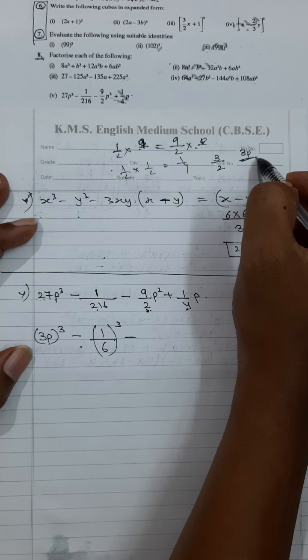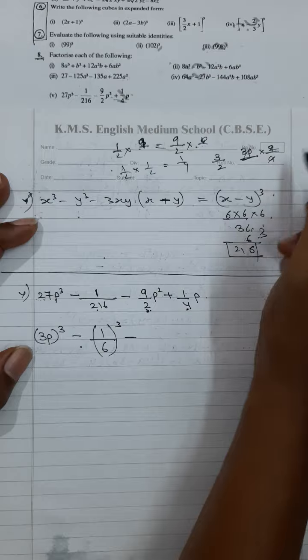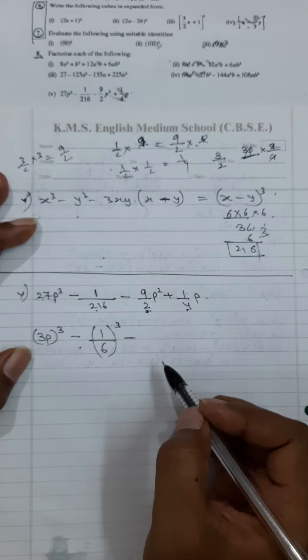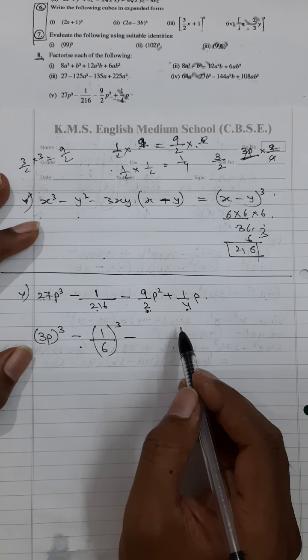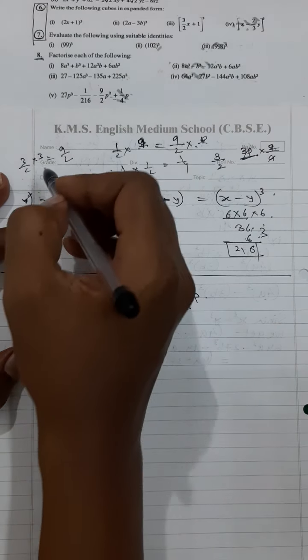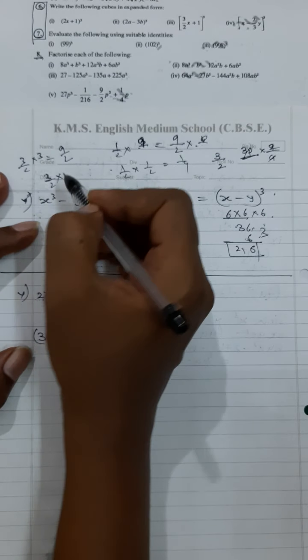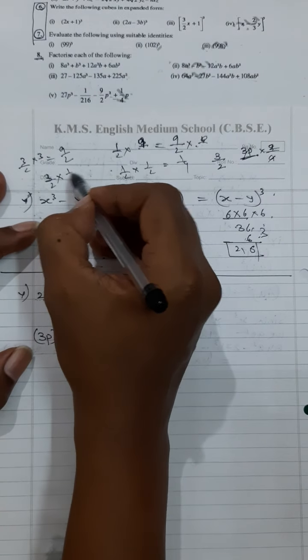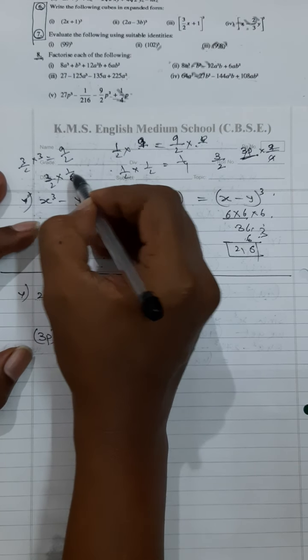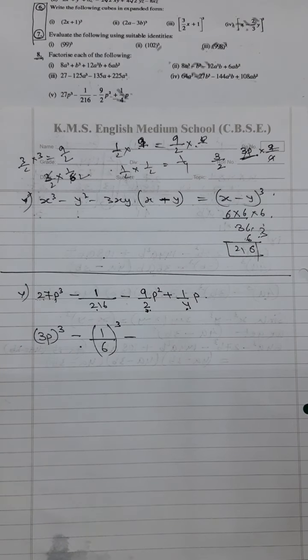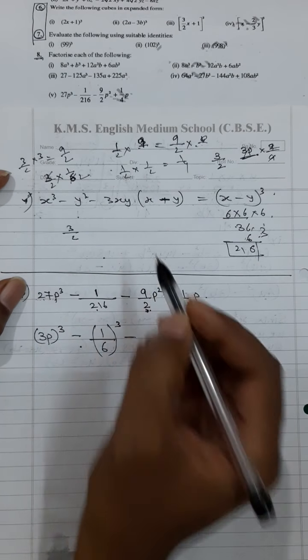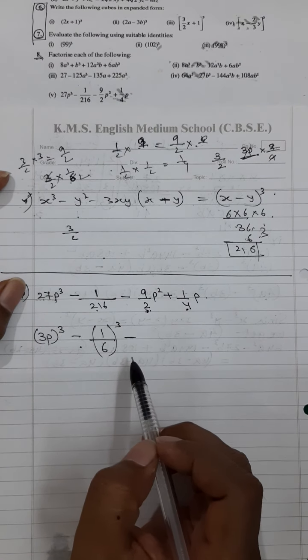Three p if you take, three upon 2 into 3 will give me 9 upon 2, and for 1 upon 4, 1 upon 6. This is going to be slightly difficult, my dear students, for you all. I can make out now. See, I can take out the common factor 3 upon 2. 3 upon 2 will be the common factor, definitely.